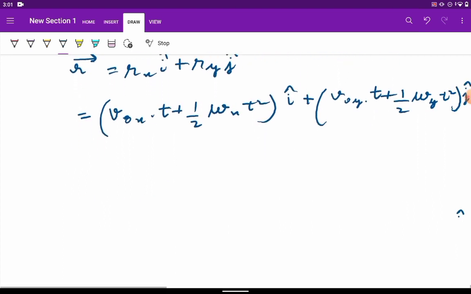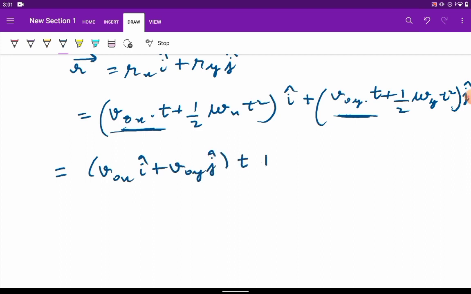j cap. Okay, so if we take the first terms in each component, right, then what does it become? It becomes v naught x i cap plus v naught y j cap times t, right, plus half, the second terms again if we group, half into wx i cap plus wy j cap times t square.